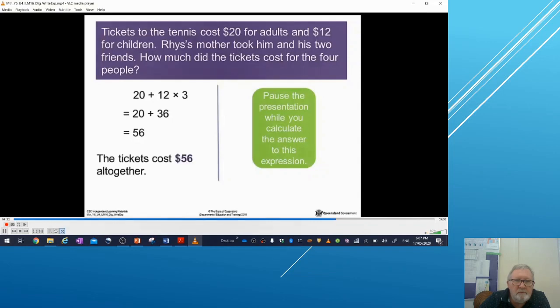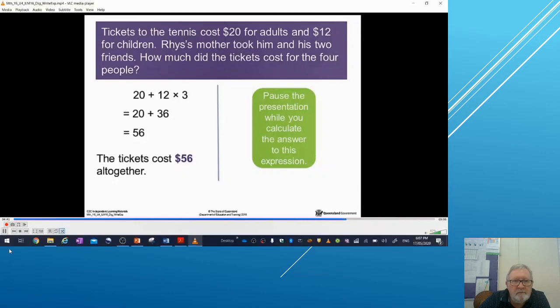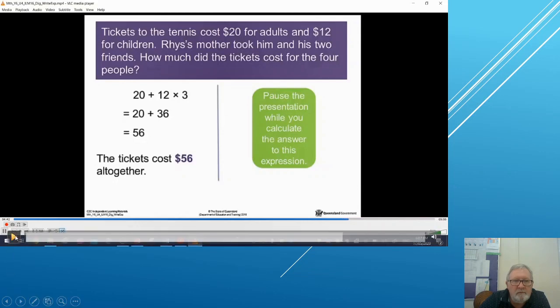Write a sentence to show the answer to the question. Remember, the question gives costs in dollars, so we make sure we give our final answer in dollars. So you need to actually think about what's happening in the story when you're writing the number sentence that goes with it. That's a very important skill, to be able to write the expression or the number sentence to match a story. All right, let's continue.